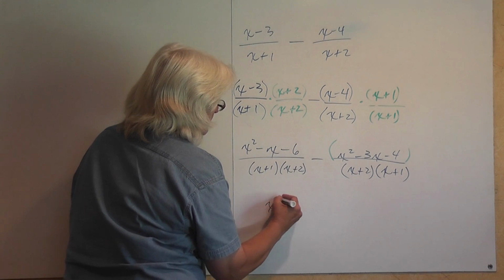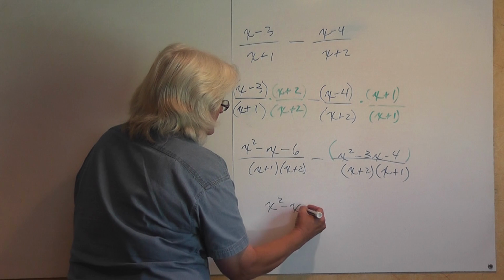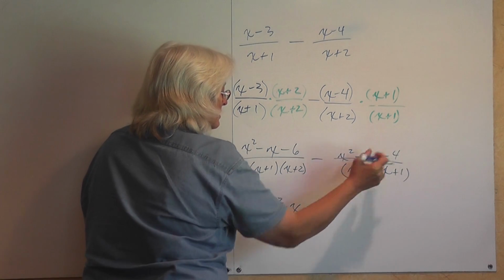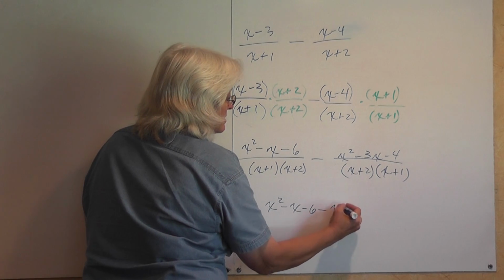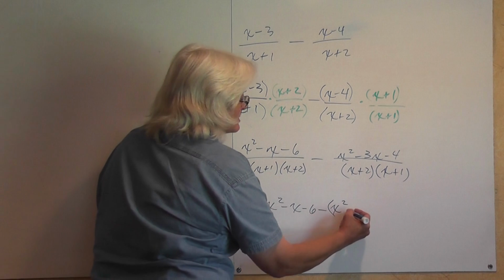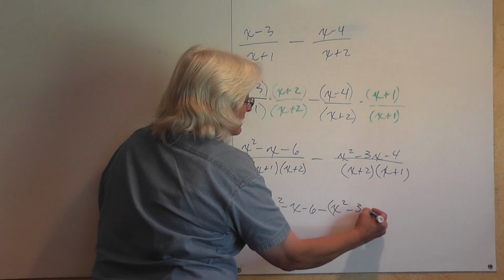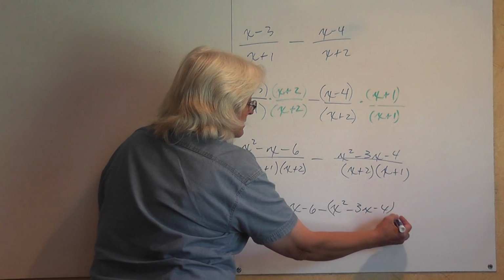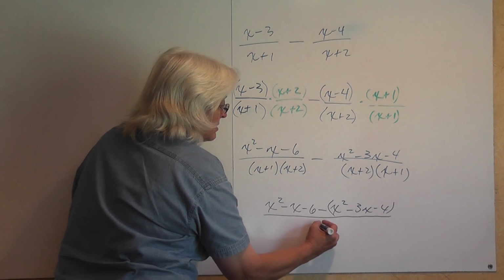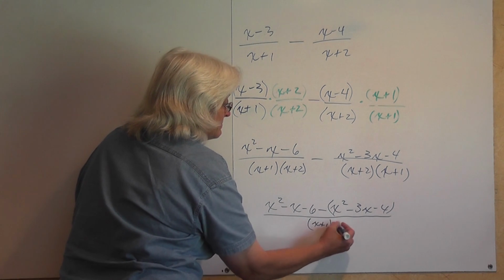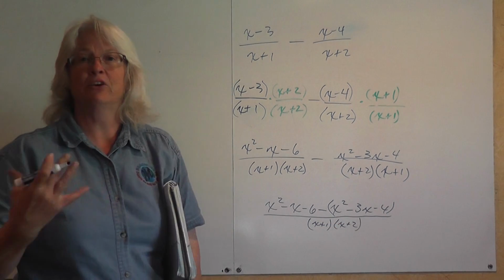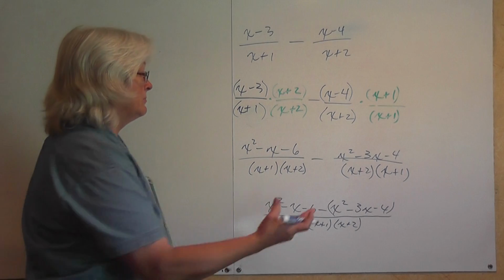We have x squared minus x minus 6 minus this entire quantity, and I need to put that parentheses in there, minus x squared minus 3x minus 4. All of that is over x plus 1, x plus 2.